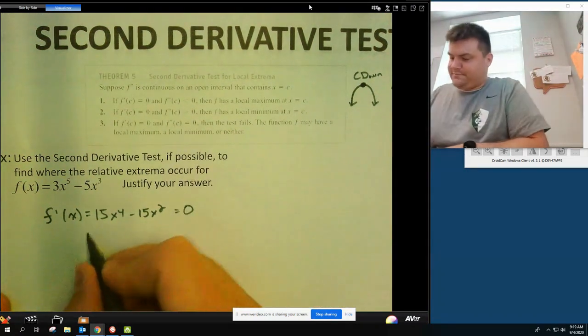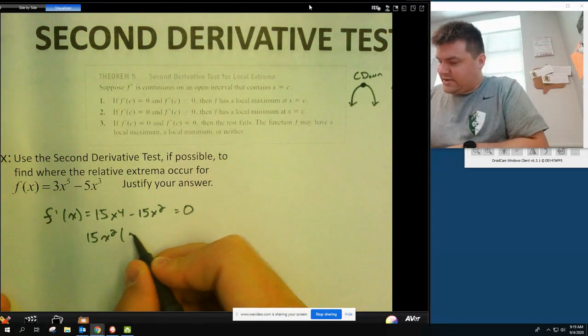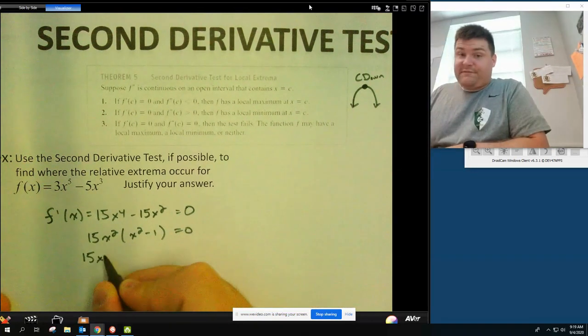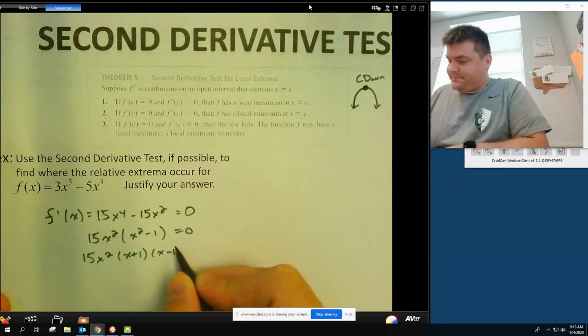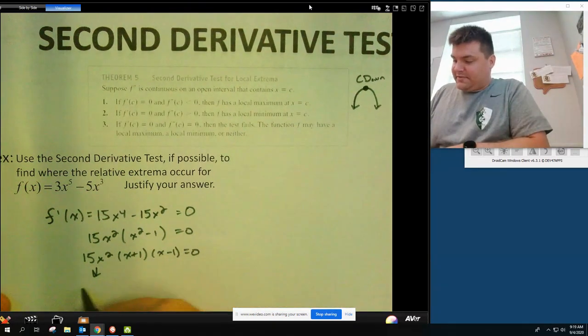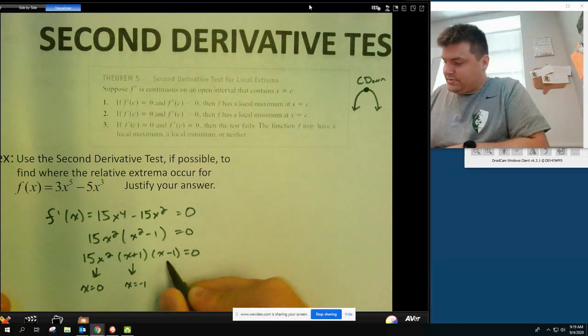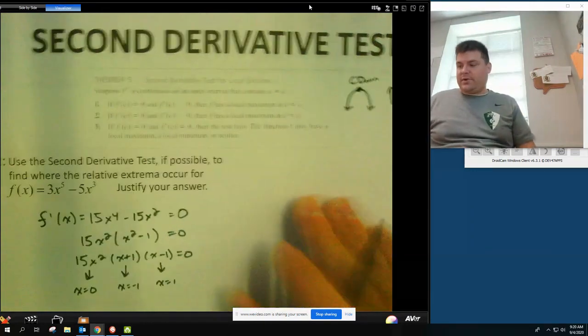Let's factor this. 15x squared times x squared minus 1. Factored even further, we get x plus 1, x minus 1. So we have 3 zeros, so 3 critical points: 0, -1, and 1.